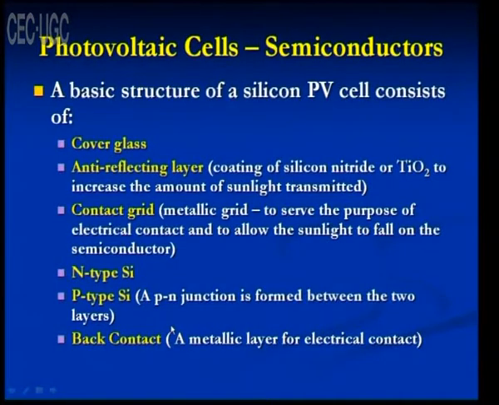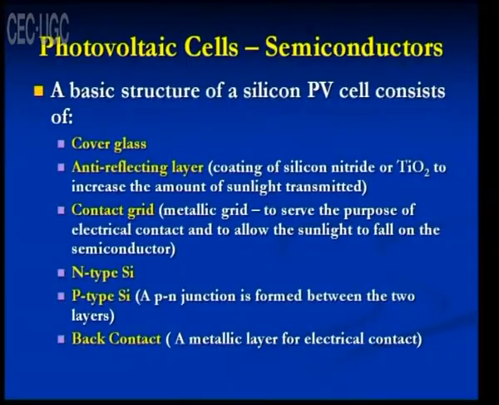The P-type silicon layer is available along with the N-type to make a junction called the P-N junction. The junction between the P-type and the N-type silicon is called a P-N junction, which is formed between the two layers of P-type and N-type silicon.